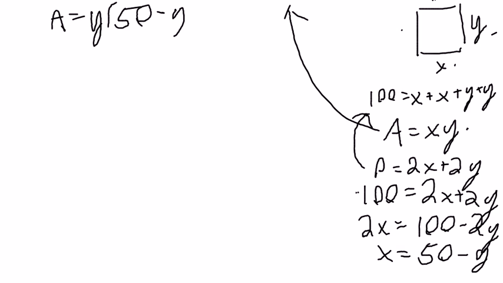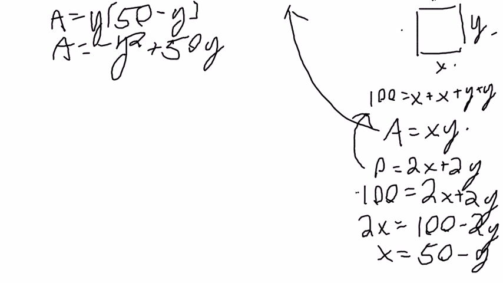From there, we can just distribute and say A equals negative y squared plus 50y. And then we can maximize this by solving for the derivative, which would be negative 2y plus 50.